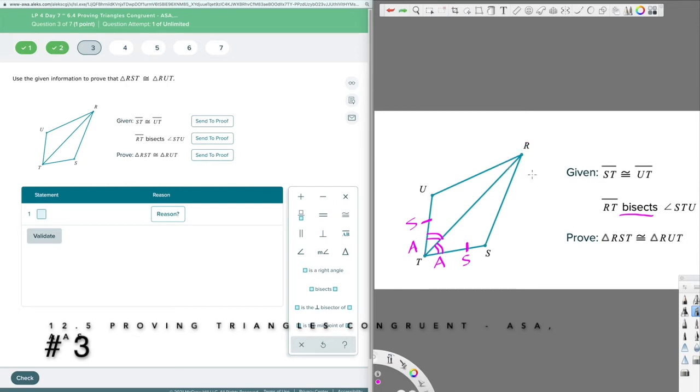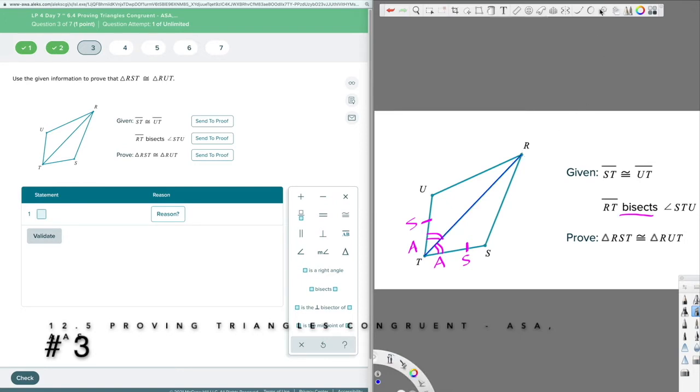So if I can't prove anything about the angles, what I want to do on this one, and it kind of just means that we're not going to be using one of the ones from the title, we're actually going to take a step back to section 3 and use one of the side properties. And I know if I look at this, I have a shared side. This RT is shared.